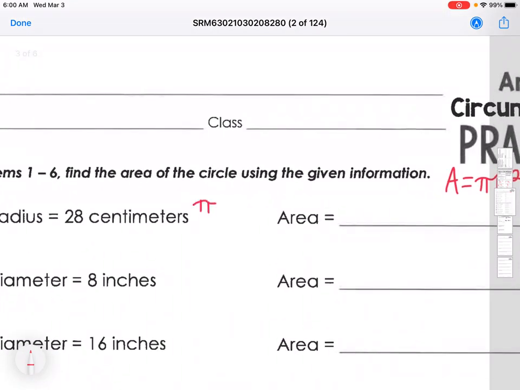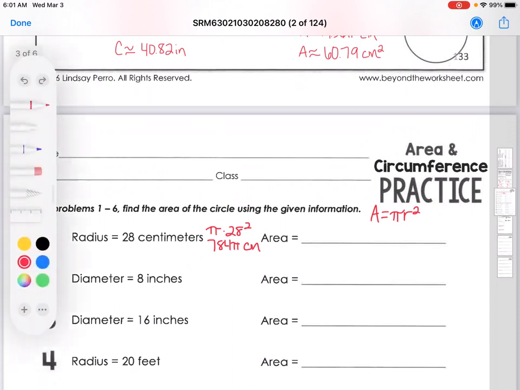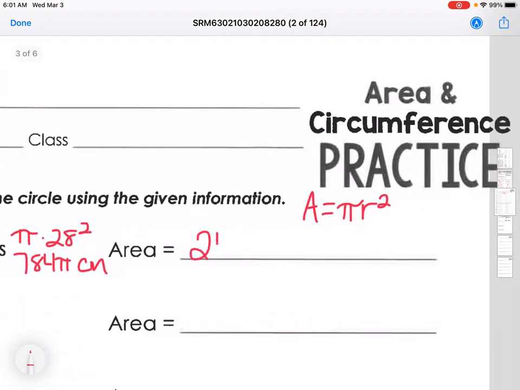So pi times 28 squared, which is 784. So 784 pi square centimeters, which would be approximately 2,461.76 square centimeters.